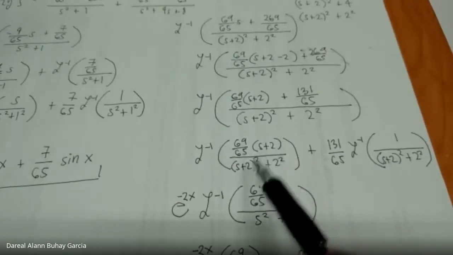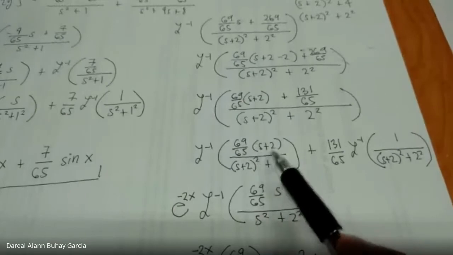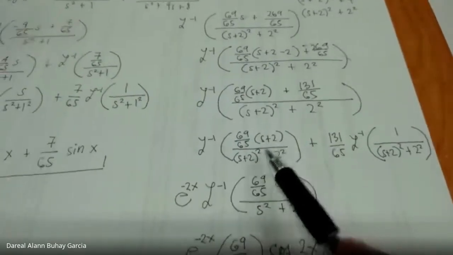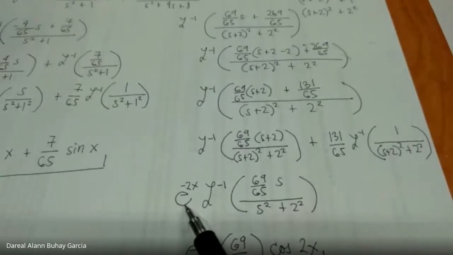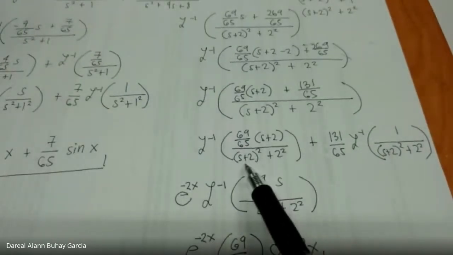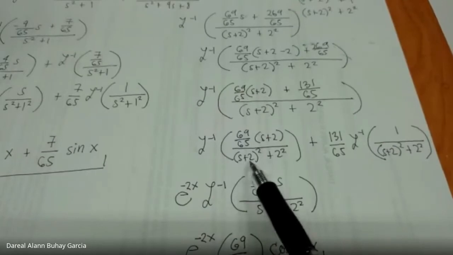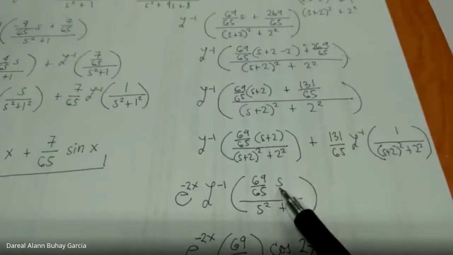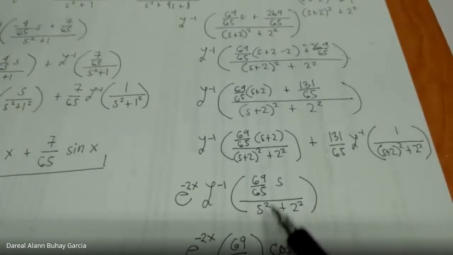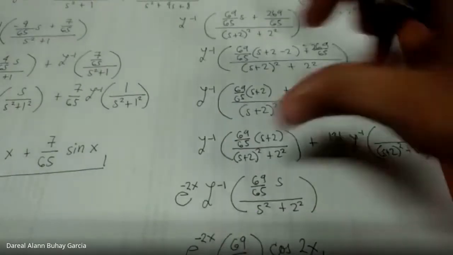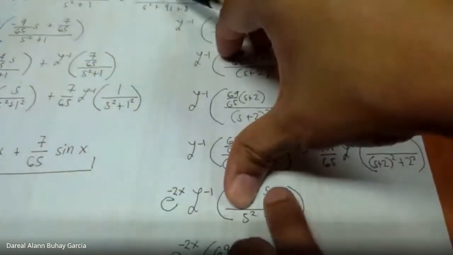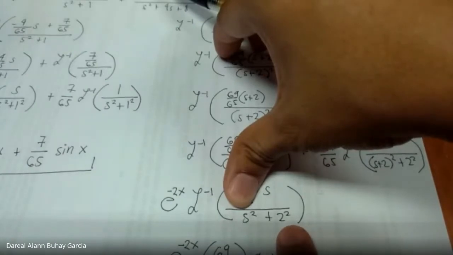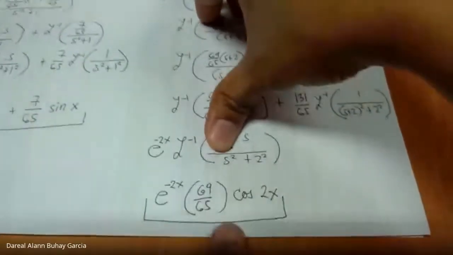To factor out s plus 2, it becomes just s. To compensate, multiply by e to the power of negative 2x. Why negative 2? Because this is s minus negative 2. So s plus 2 becomes just s, and the constant is factored out. This Laplace transform is in the table: the inverse of s over s squared plus 2 squared is cosine 2x.